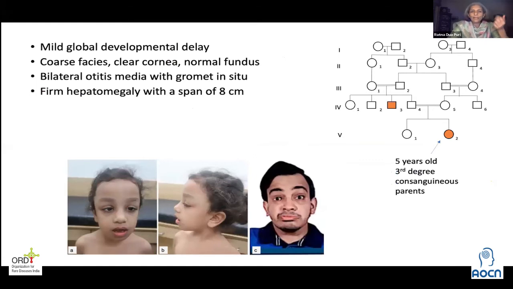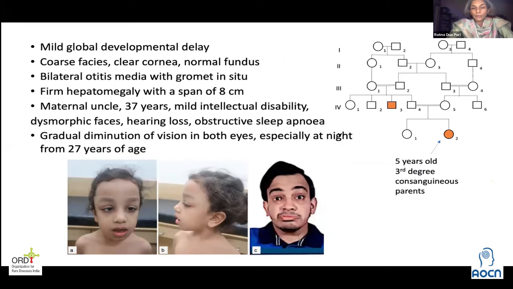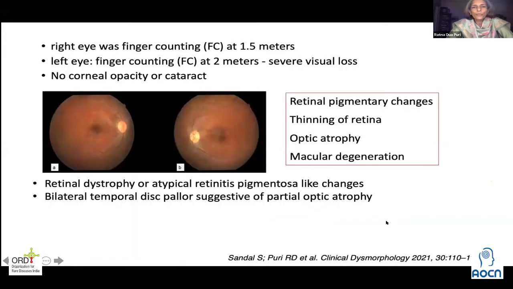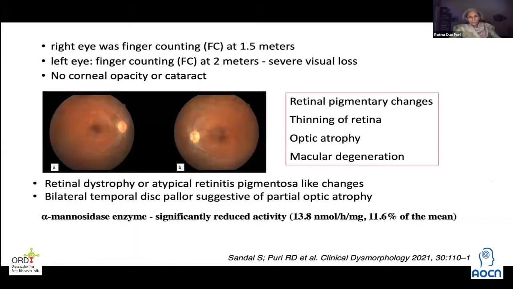Now, this is a family where this gentleman, the older uncle, was followed up as Hallermann-Streiff syndrome for years until another child was born, and the family recognized some sort of similarity between them. It is then that they came for evaluation. He himself had significant intellectual disability, and they were finally diagnosed to have alpha mannosidosis, which again is treatable.